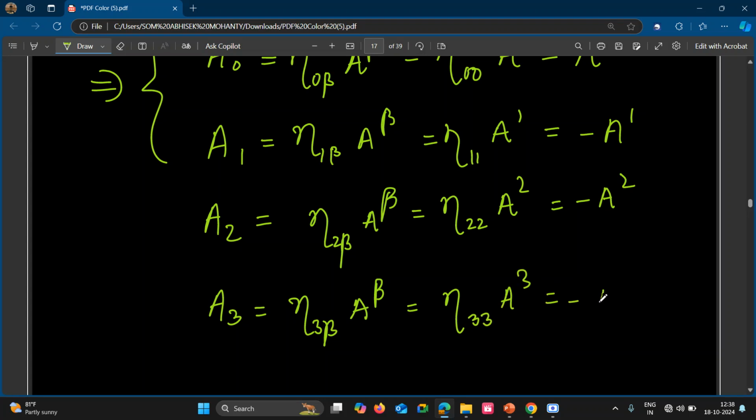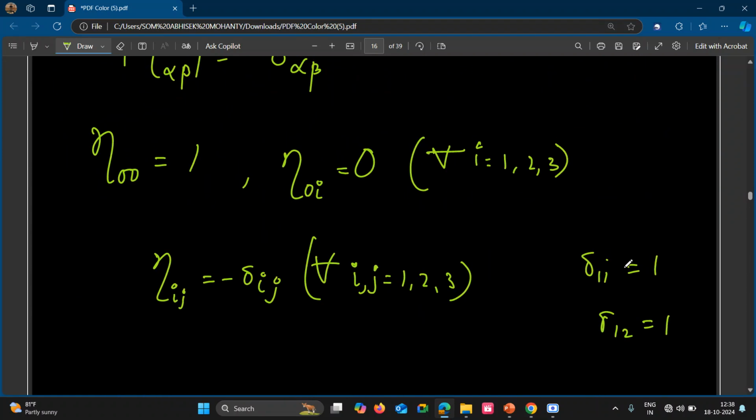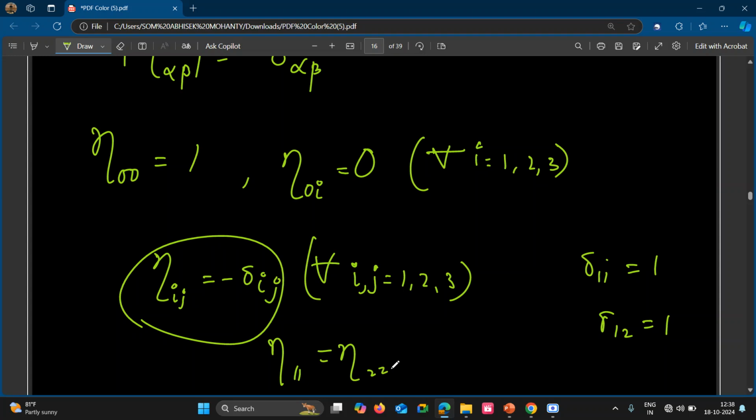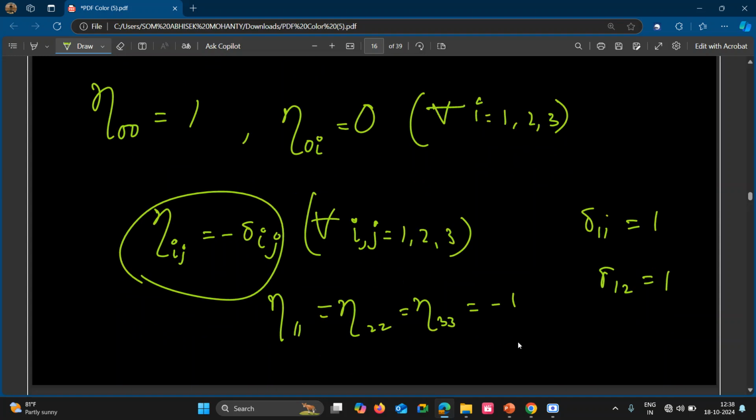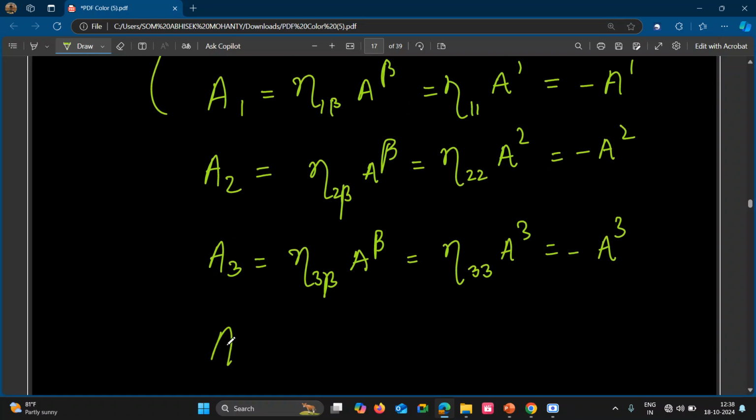So this is also minus A3, because we just saw that this is minus 1. That means eta 1 1 is equal to eta 2 2 is equal to eta 3 3 are all minus 1. Okay. So in generalized form, I can write AI is equal to eta I beta A beta is equal to eta I j A j, right?